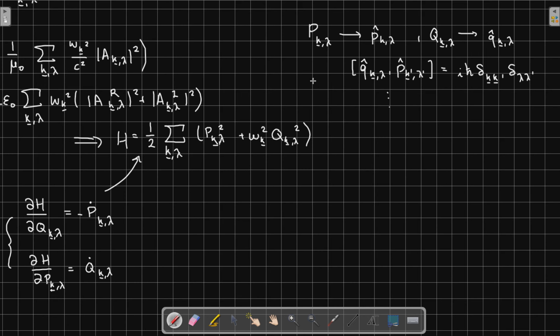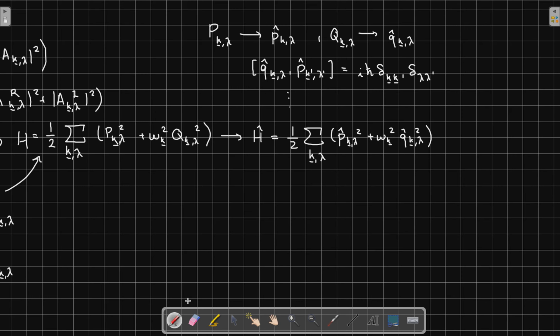Okay, so this Hamiltonian becomes the Hamiltonian operator equal to 1/2 sum over k, λ of p_kλ squared plus ω_k squared q_kλ squared. Okay, so we've quantized it, and now we just use the typical tricks of the ladder operators.